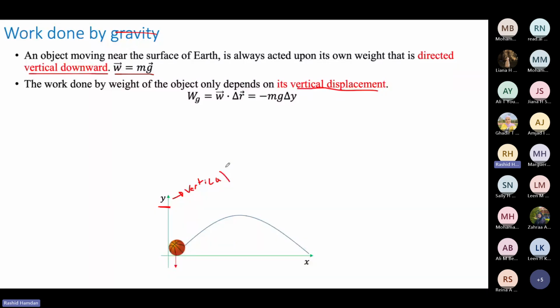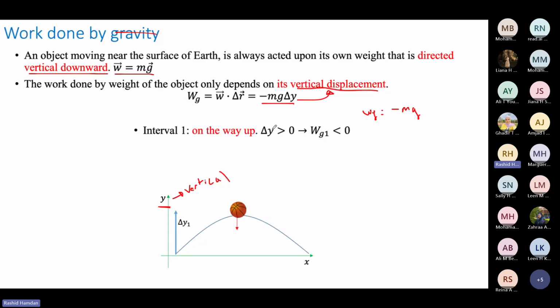Then the component of the weight in the vertical direction is minus mg. So I have minus mg delta y, and delta y is what? It's the vertical displacement. When I throw the ball, on the way up, delta y is positive.